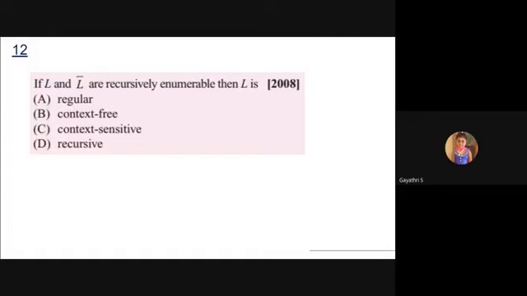Anyone? I think D. This is a very simple one. If they had added recursively enumerable, we might have some confusion. But here they have added only recursive. The remaining part is about regular, context free, context sensitive, right? So T1. Okay.